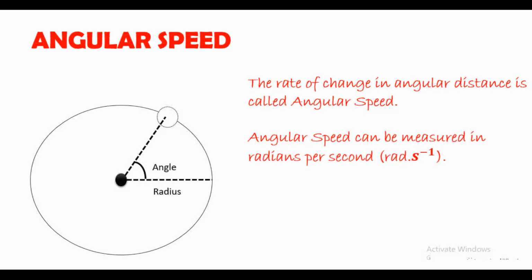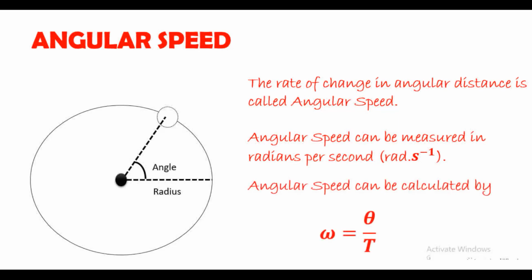Angular speed can be measured in radians per second, and it is calculated by theta divided by time period, where theta can be replaced by 2 pi.